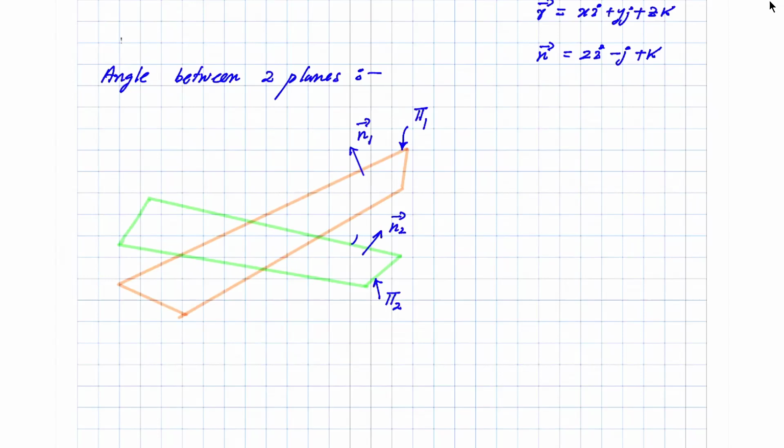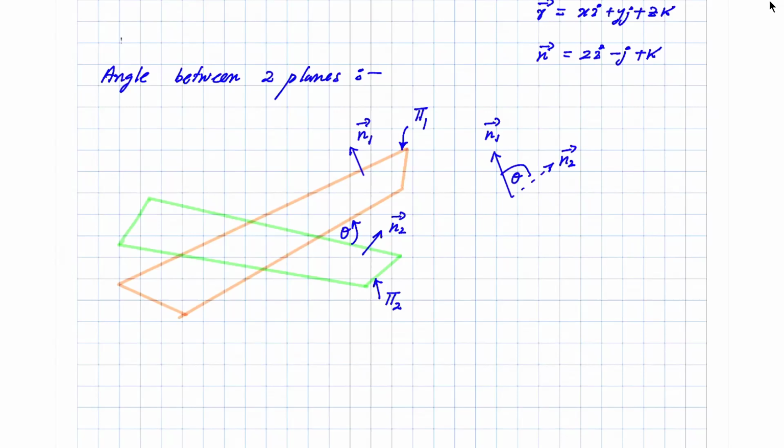Then what you need is to find the angle between those two planes. So the angle between those two planes is equal to the angle between the normal vectors, right? Because if you construct this, n1 looks like this, and if you bring n2 here, then this angle is the same as the angle between two planes.